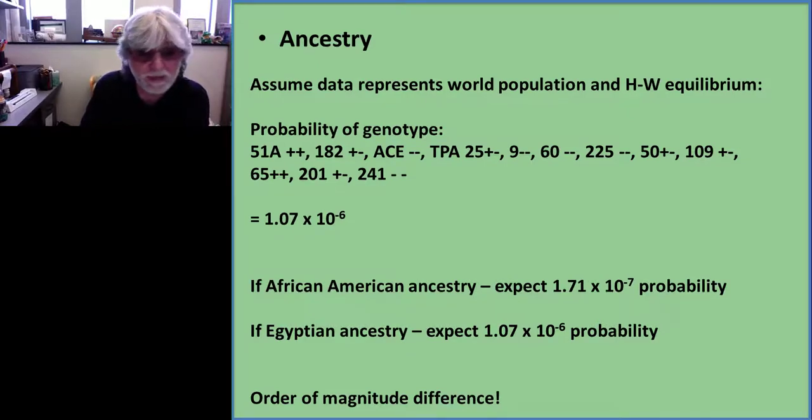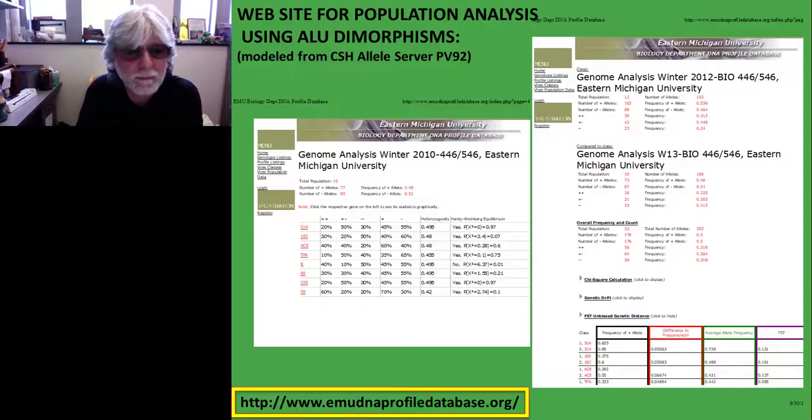Egyptian, an order of magnitude difference. So that profile is an order of magnitude more likely Egyptian than African-American ancestry. So it just gives you some idea. It's not totally foolproof accurate, but gives some idea.